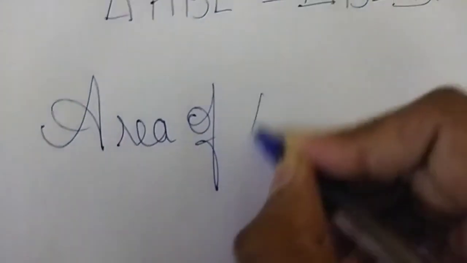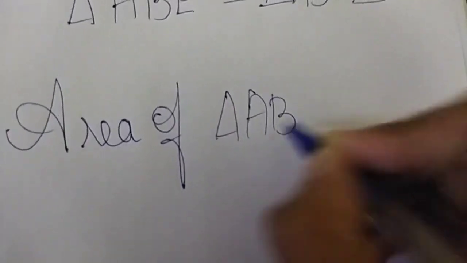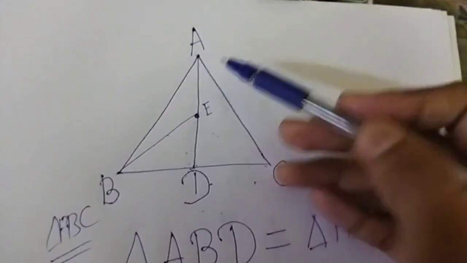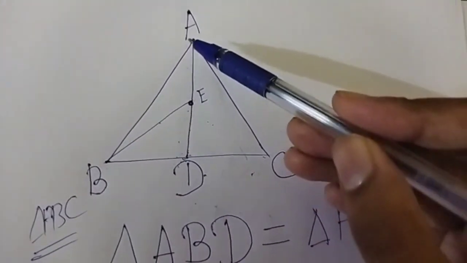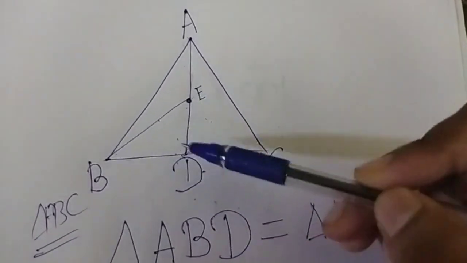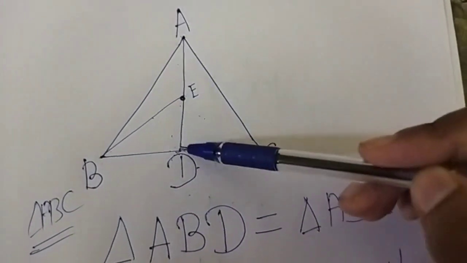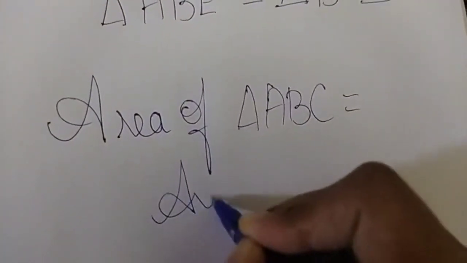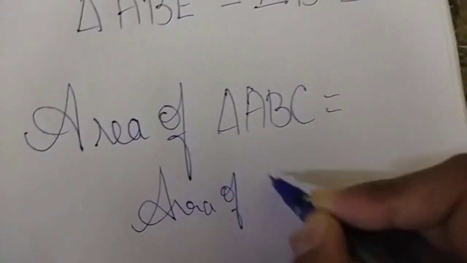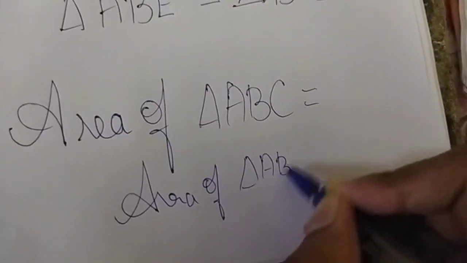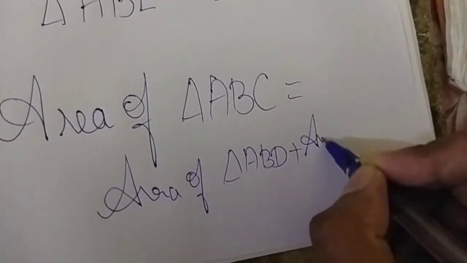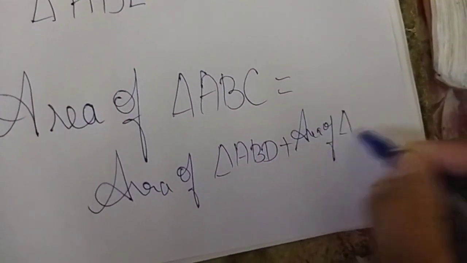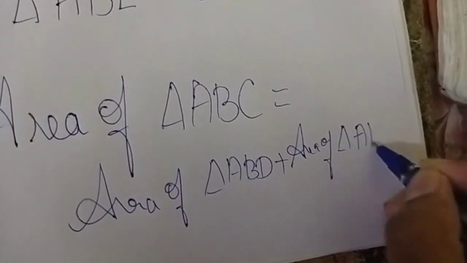Now let me take the area of triangle ABC. What is the area of triangle ABC? The area of triangle ABC is nothing but the area of ABD plus the area of ADC. We need to add these two triangles, 1 plus 2, to get the area of triangle ABC. So we can write the area of triangle ABD plus the area of triangle ADC.